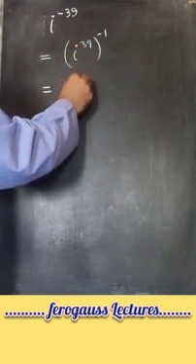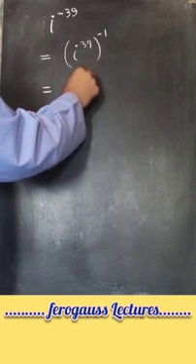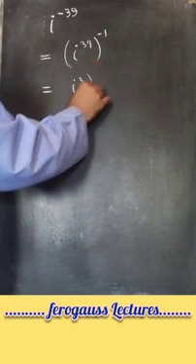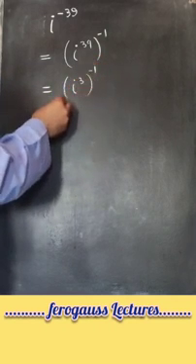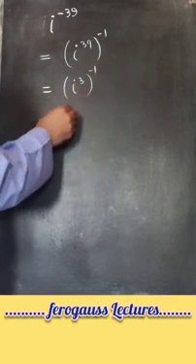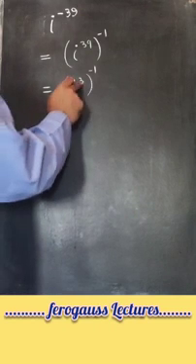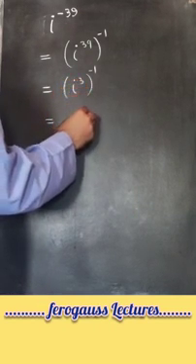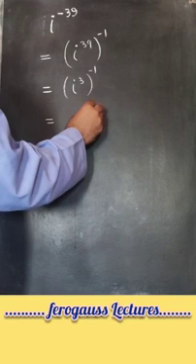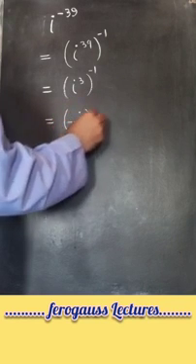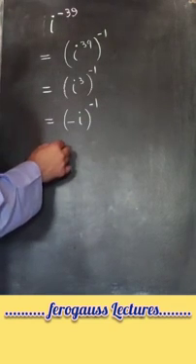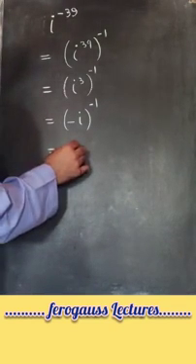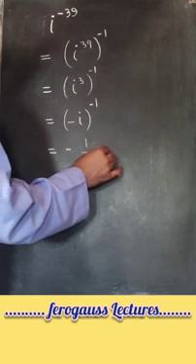So this is equal to iota raised power 3 whole raised power minus 1, which is further equal to, iota raised power 3 is equal to minus iota, raised power minus 1. Or we can write it as minus 1 by iota.